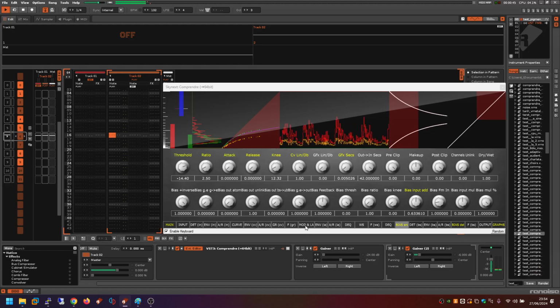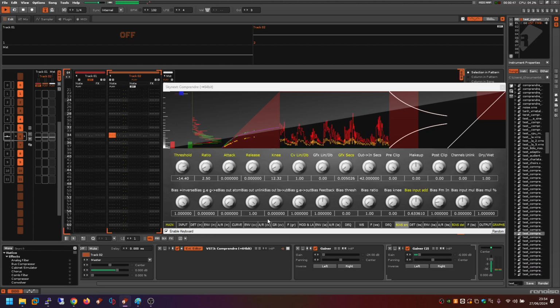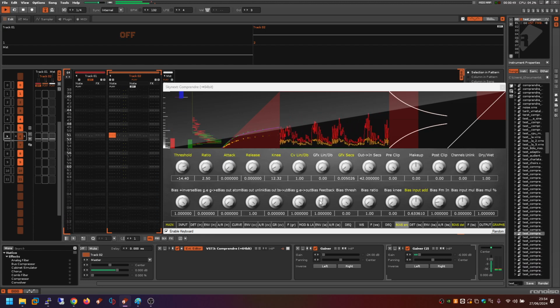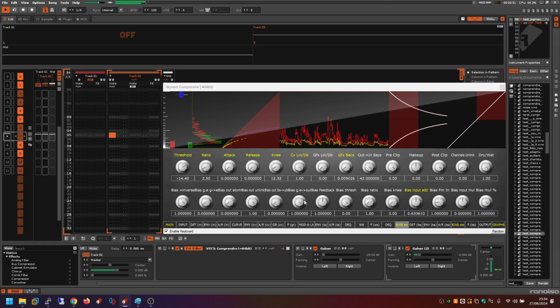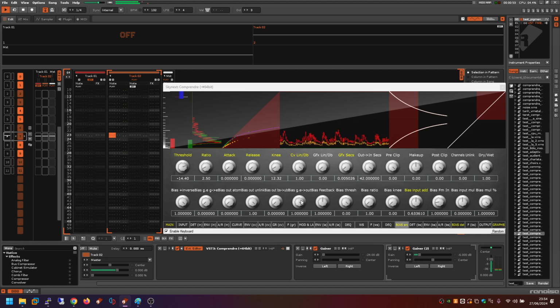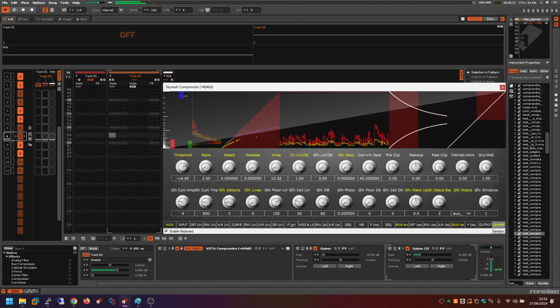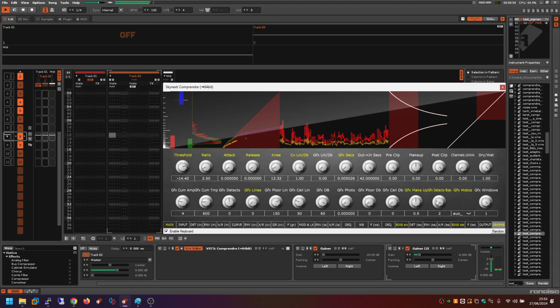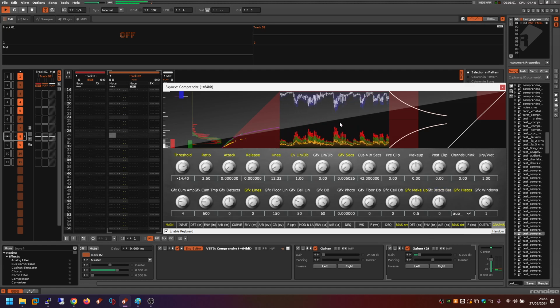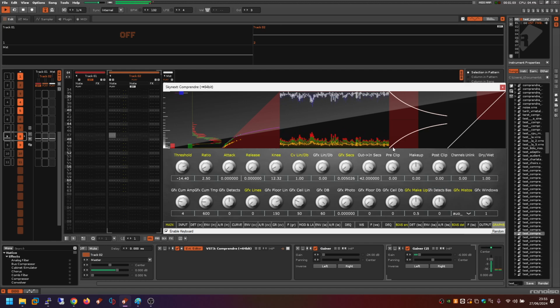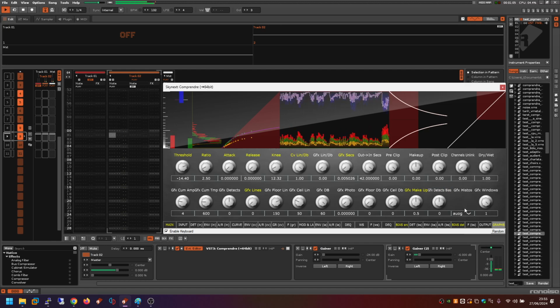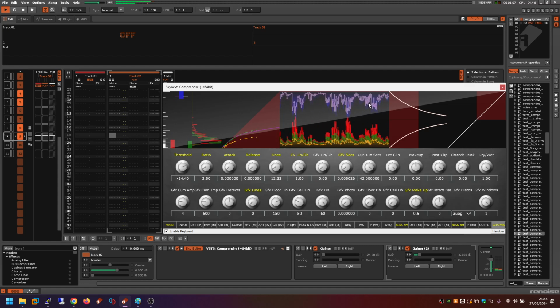And the source can be the output, but it can be the envelope here or the gain.